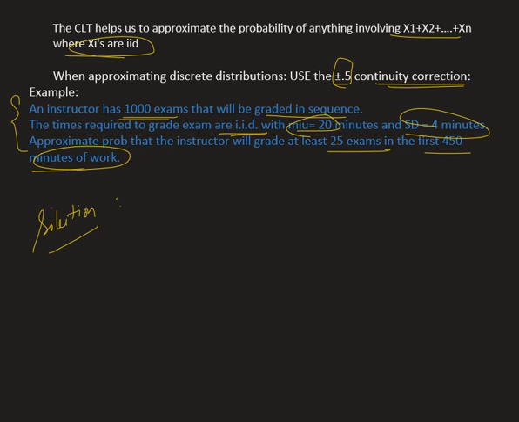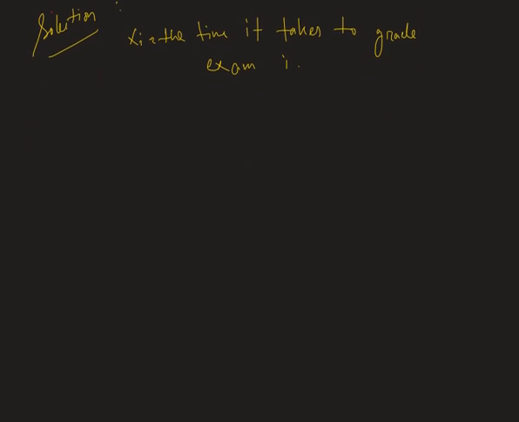Let Xi be the random variable which implies the time it takes to grade exam i. Then X equals X1 + X2 + ... + X25.